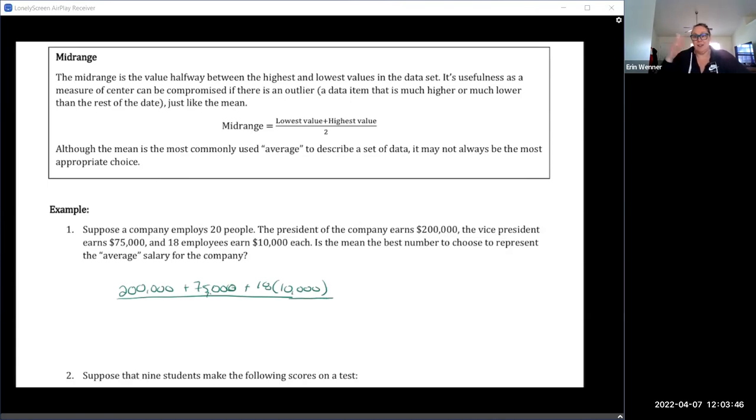So instead of listing out all 18 of the 10,000s, we can simplify that by doing 18 times 10,000. And then since there's 20 people, there's the president, the vice president, plus all the 18 other people, that means we would divide by 20. So go ahead and finish that. Remember, simplify your numerator before you divide, and let me know what you get.